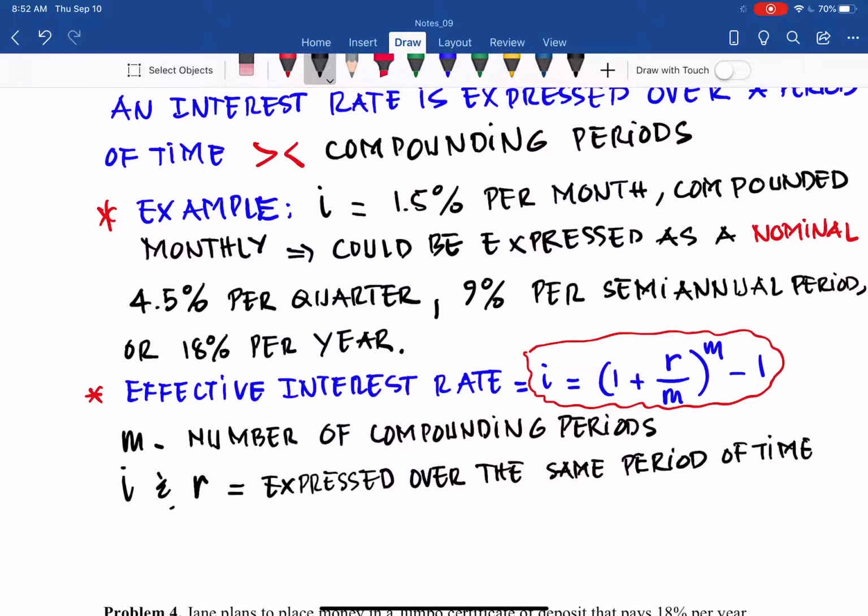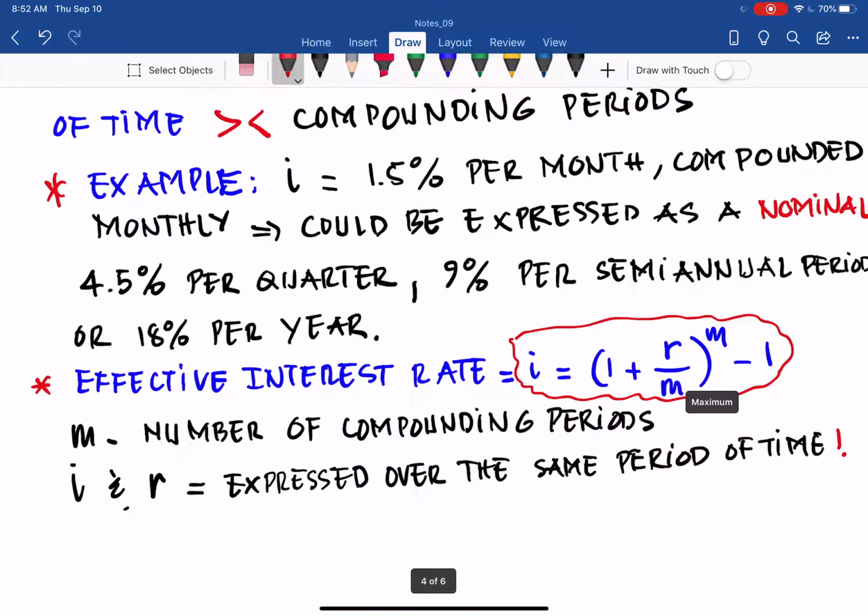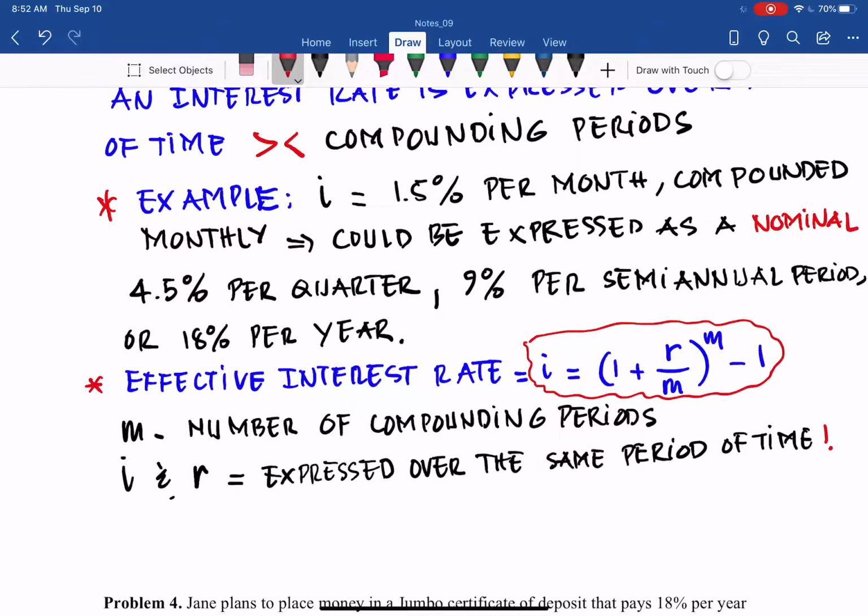So be aware: when we find the I per year, the nominal rate that we apply in that equation has to be per year. If we want I per quarter, then the nominal interest rate has to be per quarter.